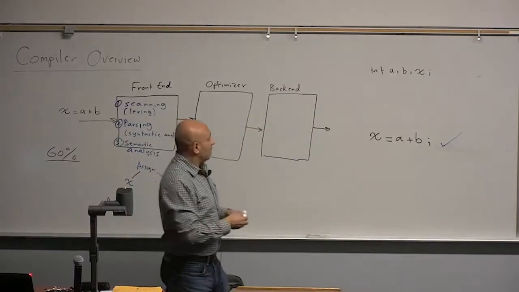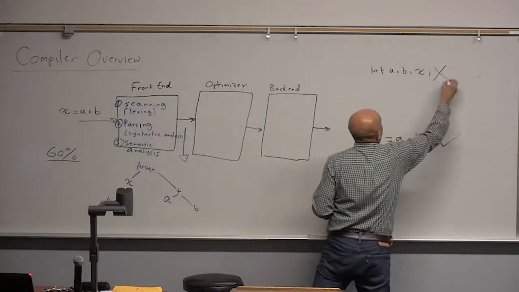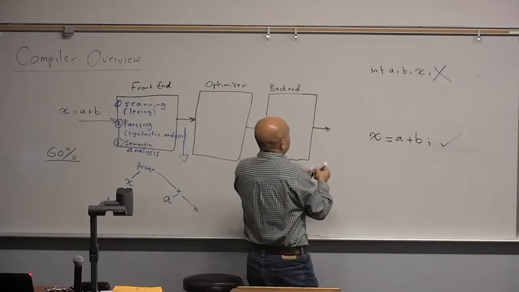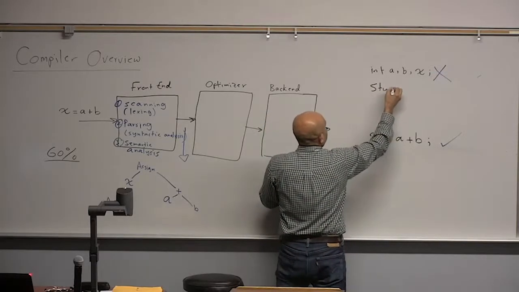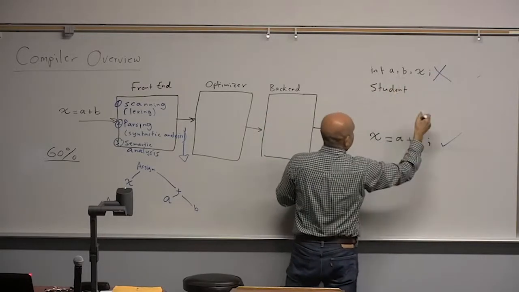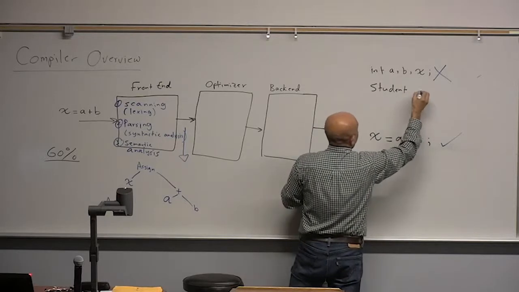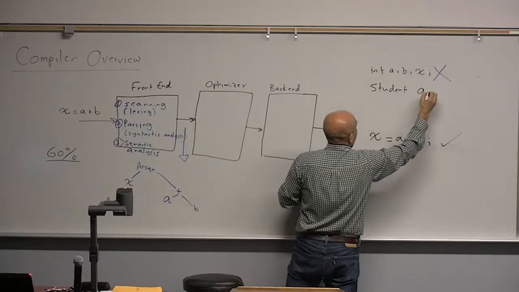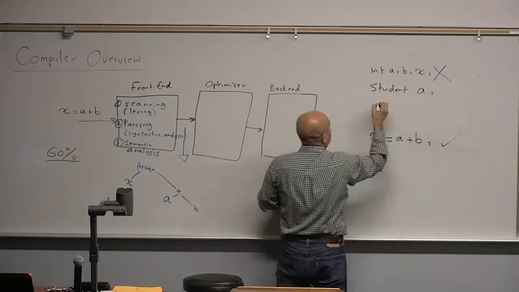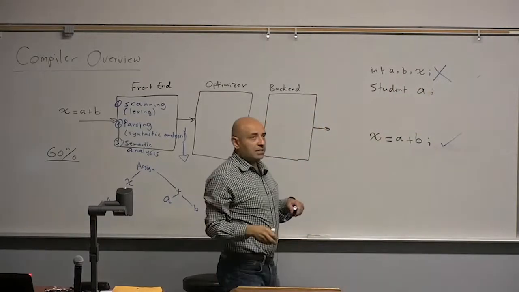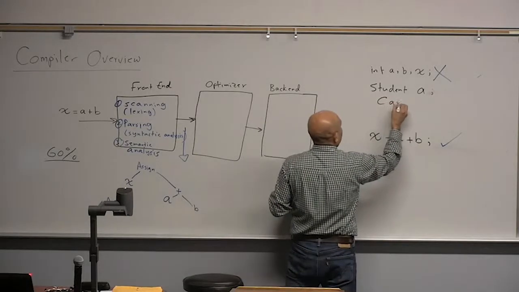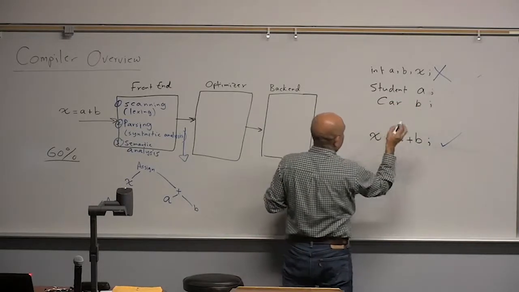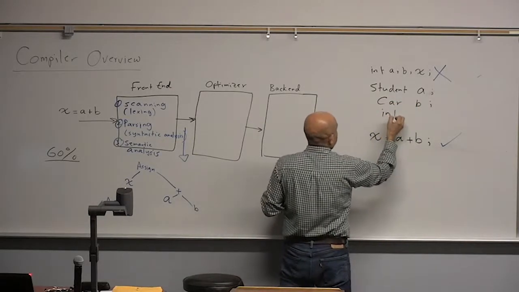But if instead of having them integers, x is an integer, A is an object of class student and B is an object of class car.